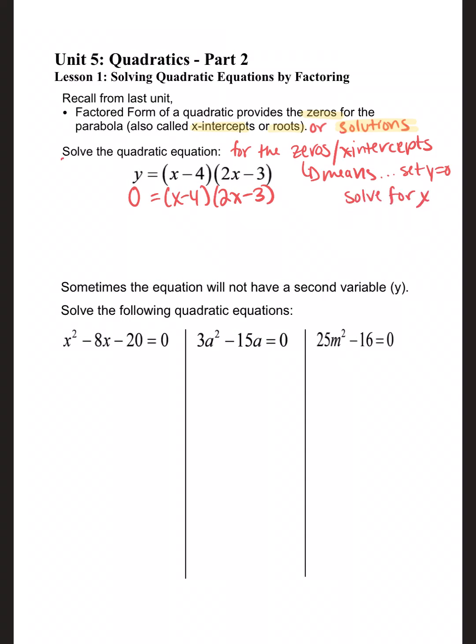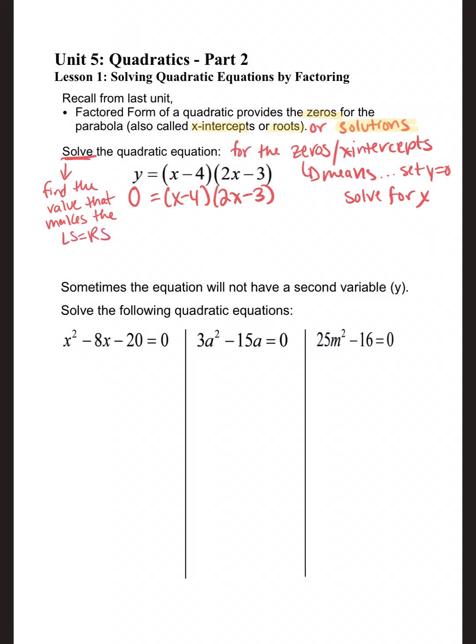When it says to solve the quadratic equation, it means find the value that makes the left side equal the right side.